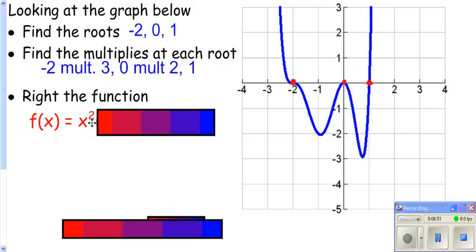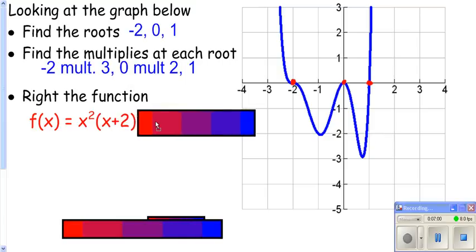We know at 0 it shows up twice, so we need to have an x squared. Then we have an x plus 2, because when you set x equals -2, set that equal to 0, you get that x plus 2, and that's where this comes from.